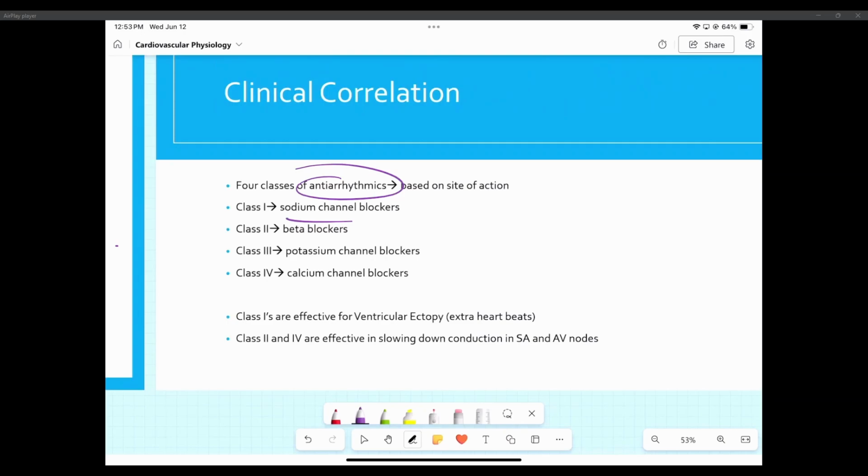Beta blockers we talked about before. Potassium channel blockers. Where is that going to cause an effect in the heart? Repolarization, because that's where the potassium is moving. Calcium channel blockers. Plateau phase and other things that go along with that. So again, you don't have to memorize this for your exam. You will get it in pharm. But just to show you, this is why we give these medications, because we can alter these action potentials.